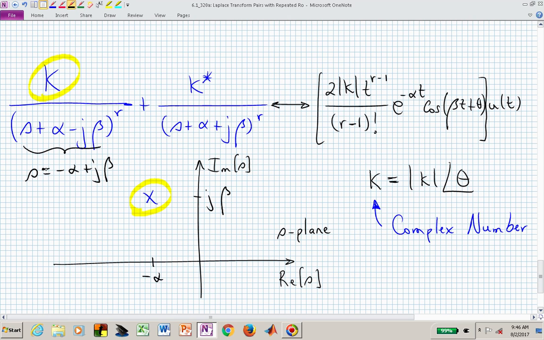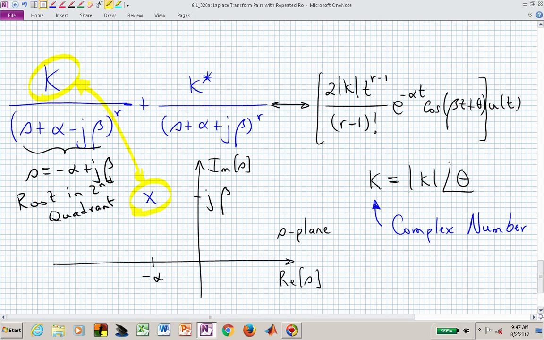That's the root of that factor, and that root is in the second quadrant. And that is very important, because that's the one that we actually associate with this k and not the conjugate. Now, if k ends up having a negative angle, that's fine. Its conjugate, k star, would then have the opposite sign for its angle.